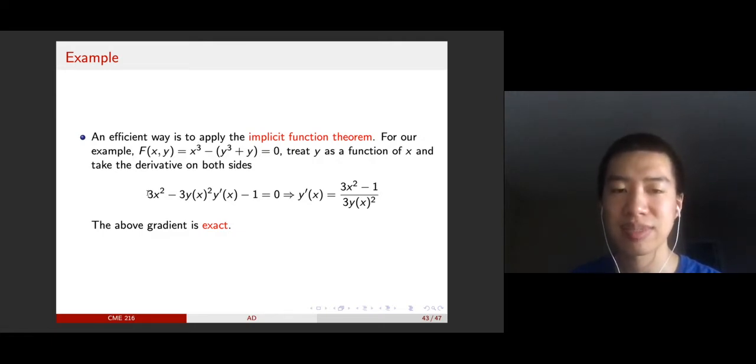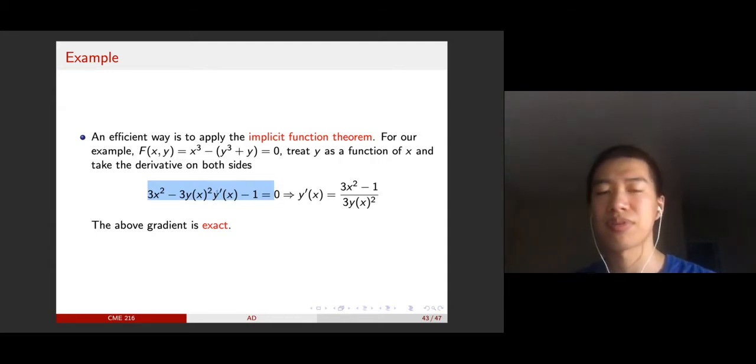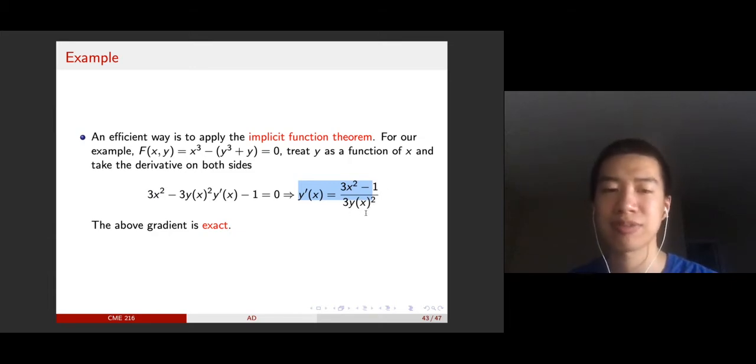So you get this expression here. You find that you already have a y prime, and you just manipulate the expression a little bit, you can get y prime equals 3x prime minus 1 over 3y squared. And this gradient is exact. So that is how you compute the gradients using the implicit function theorem.